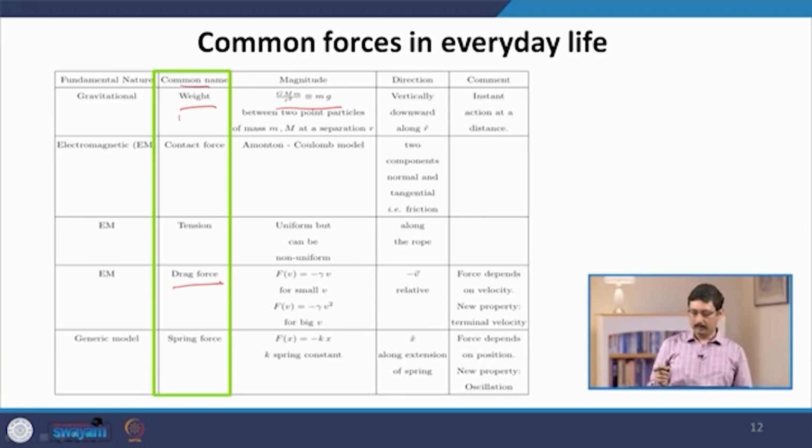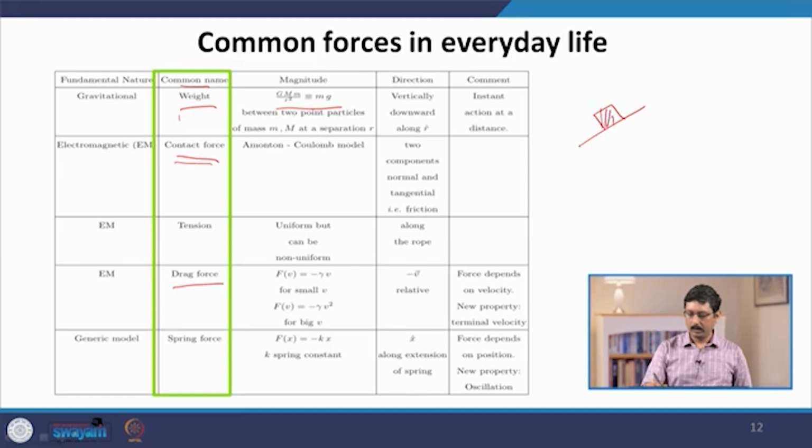Then, if you think about mechanical force, usually we think about a pushing force, a pulling force or a tension force, which in general is called the contact force. The prototype example is perhaps a block on a plane problem.